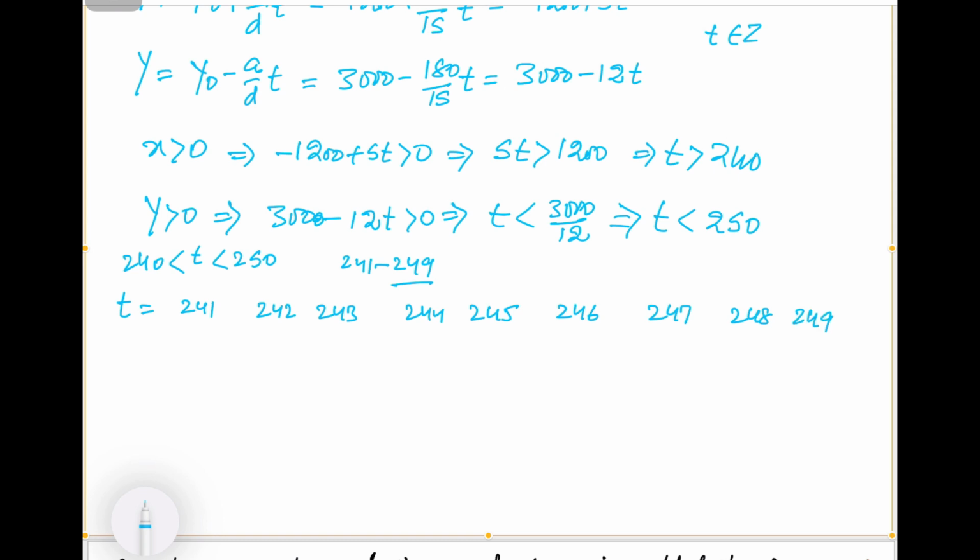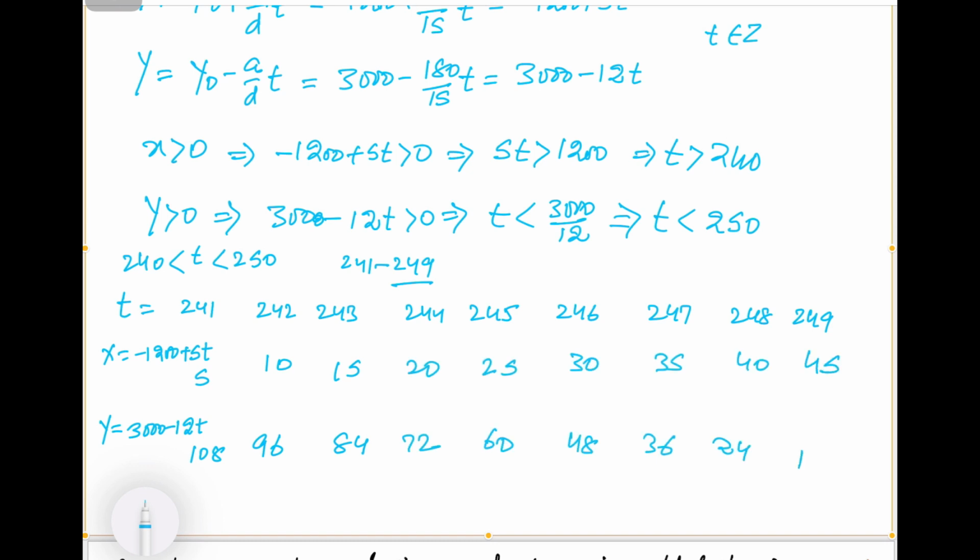And we know x is equal to minus 1200 plus 5t and y equals 3000 minus 12t. So putting 241, we get 5 and y 108. Now putting 242, it is 10 and 96. 243, it is 15 and 84. And so on, up to 45 and 12.